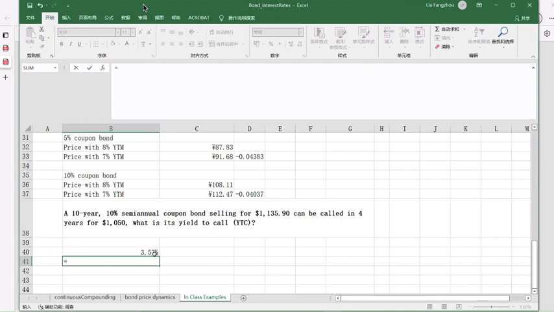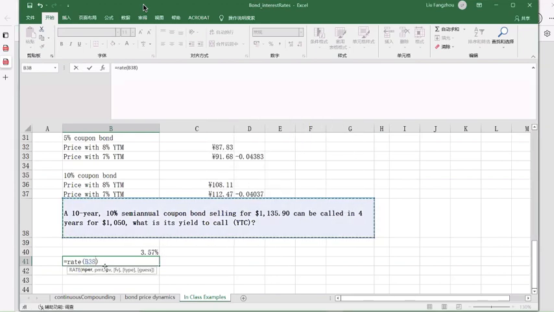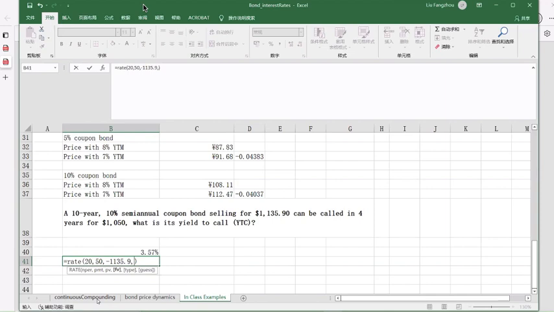We use the rate function. That's the semi-annual coupon, so the number of payments is 20. Payment is 50, then present value, and future value.